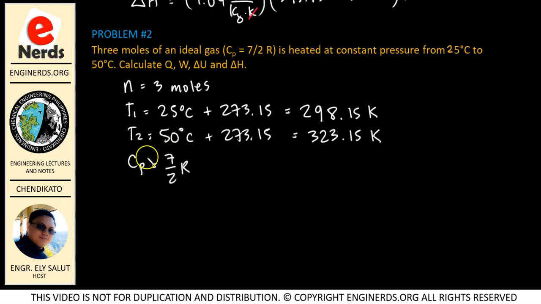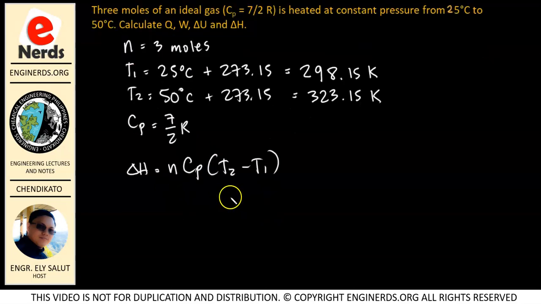As you can see, given our Cp, temperature, and number of moles, it will be easy to calculate the change in enthalpy. We already used this in the previous problem. So our delta H is equal to n Cp (T2 minus T1). Let us just substitute our values here.